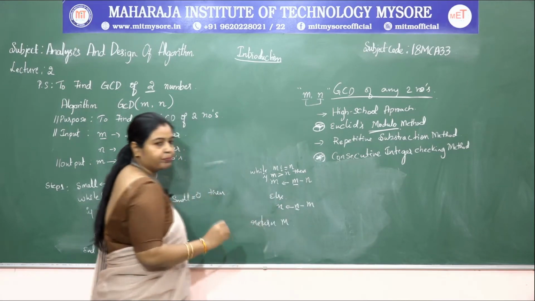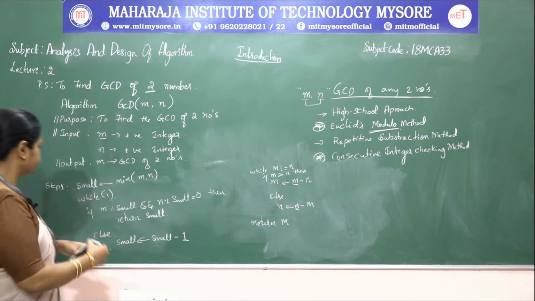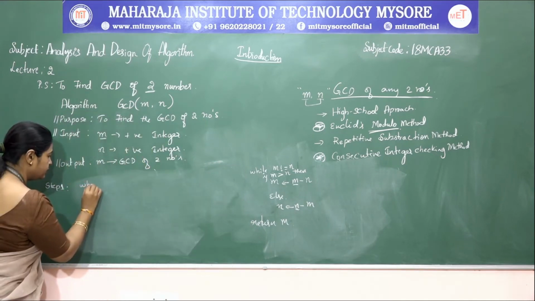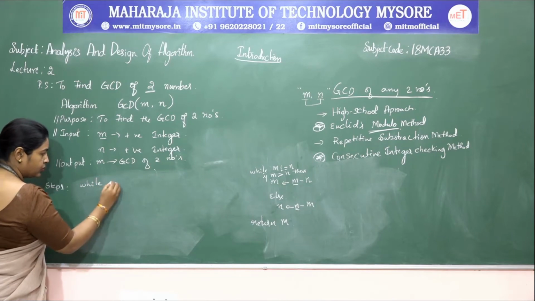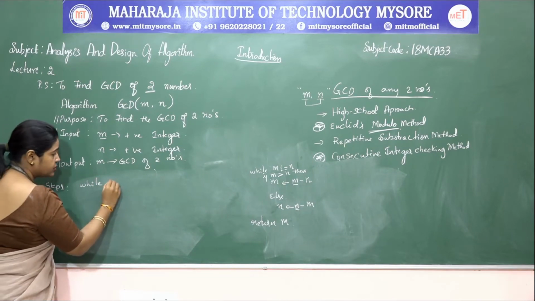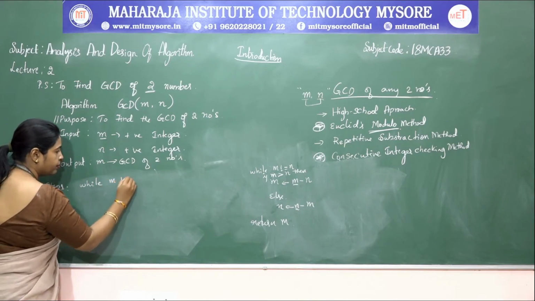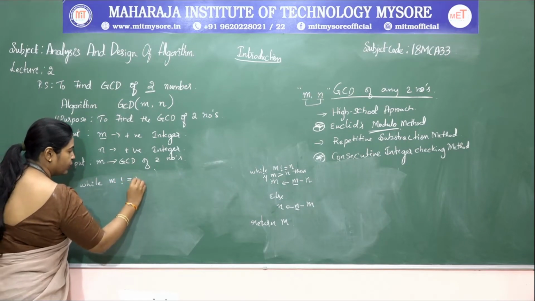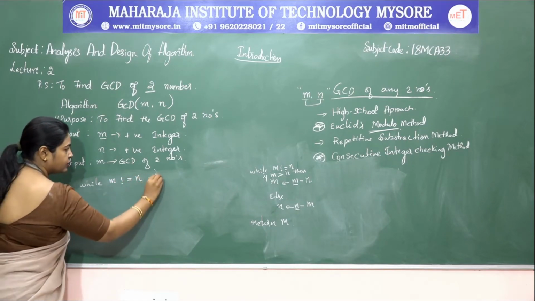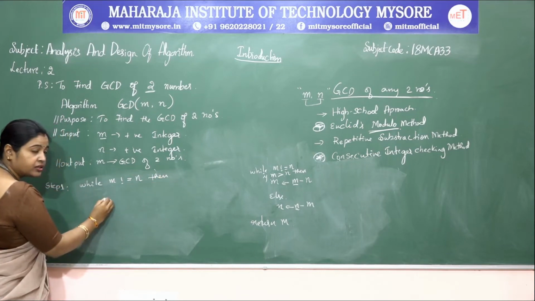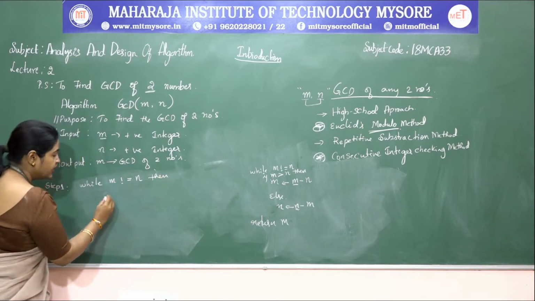So that is m. Okay, so the algorithm, the first step: while m and n are not equal, we need to check a condition.